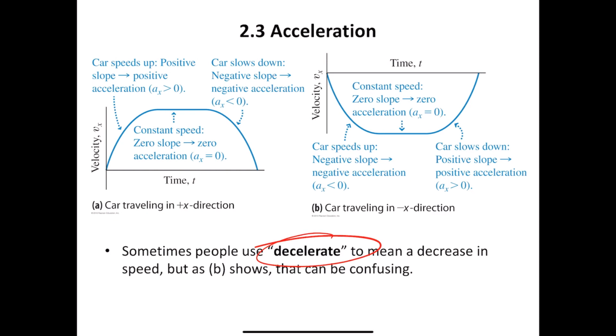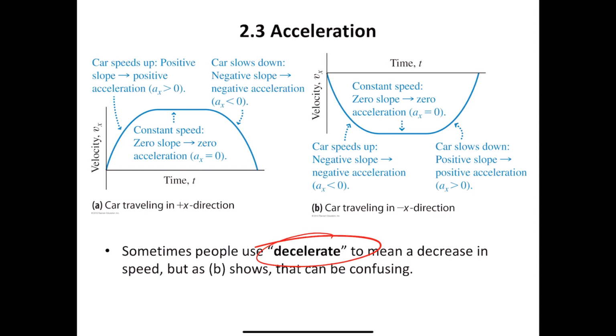If I use the word deceleration, it's tricky. Usually people say it's slowing down, so it's decelerating. So decelerating is a special case when the speed is reducing. Usually what happens is the velocity vector is up and the acceleration vector is down. Got it?